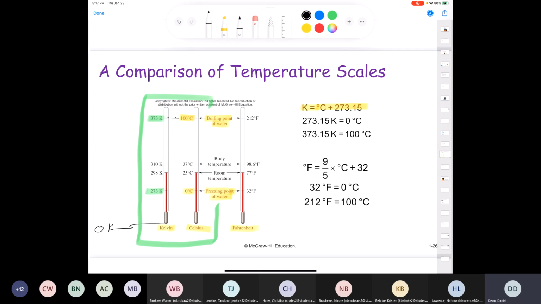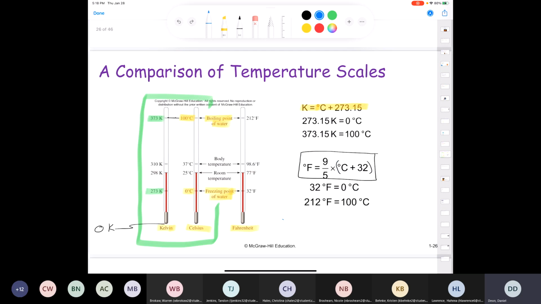Now, if we want to convert from degrees Celsius to Fahrenheit, that's a little more complex. What we would do is take the temperature in degrees Celsius, multiply it by 9/5, and add 32 to it. That's the conversion factor that we use. You need to have this memorized as well. You only need to memorize this formula because I'm also going to ask you sometimes to convert degrees Fahrenheit into Celsius, and you should be able to rearrange this formula and solve it for degrees Celsius.